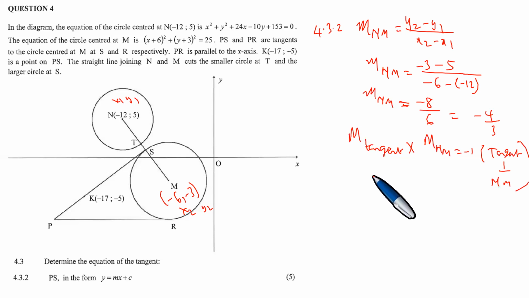What is the tangent? It is what we're looking for, but now the gradient of the tangent. What is NM? -4/3.